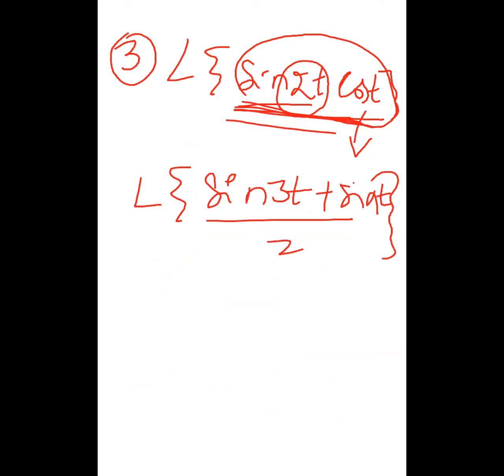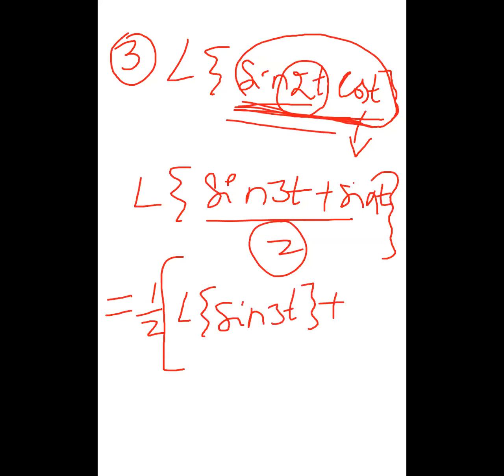So it is possible to apply the linearity property. In the linearity property, first we write the constant term outside. Here 1 by 2 is a constant term, so I write 1 by 2 in square brackets, L of, separating the Laplace operator onto both functions. The first function is L of sin 3t plus the second function is L of sin t.